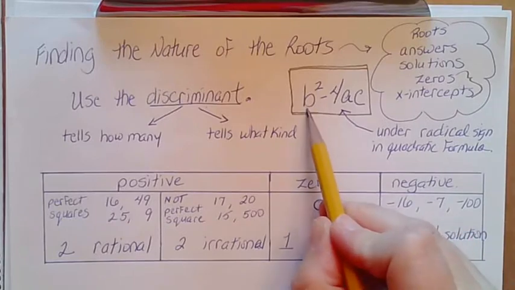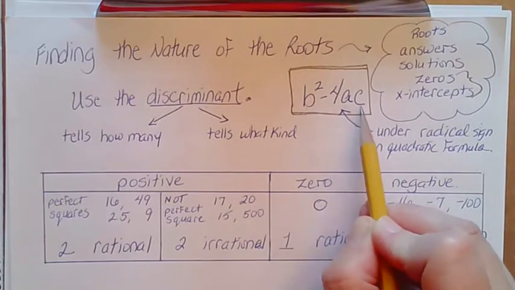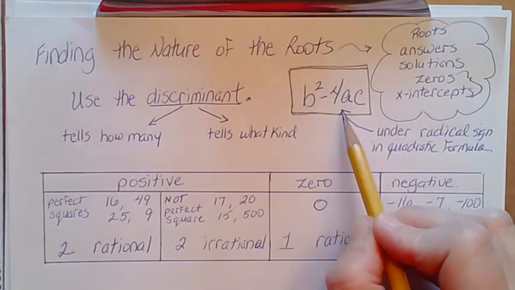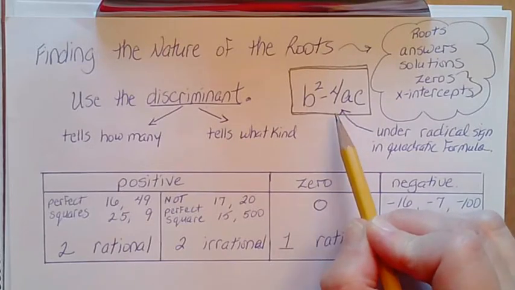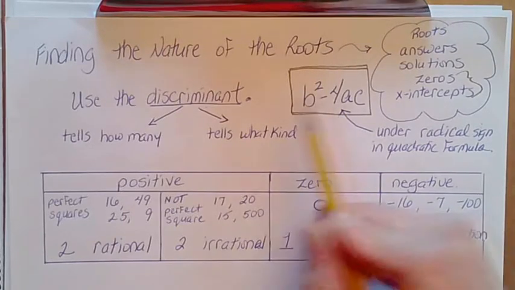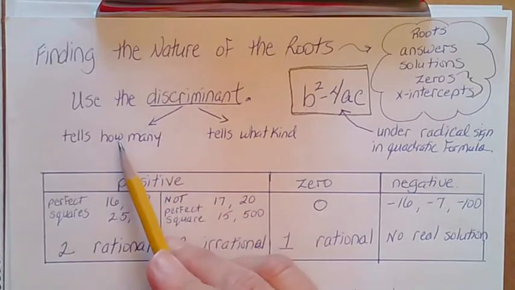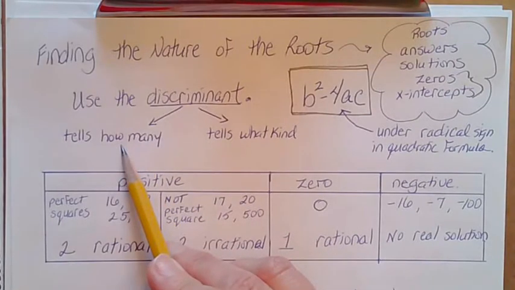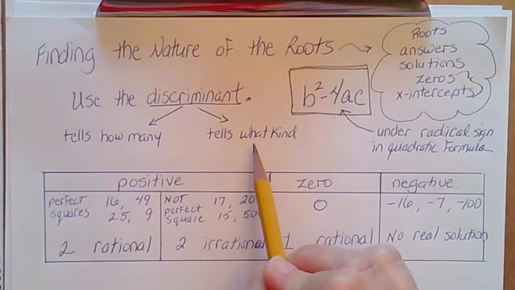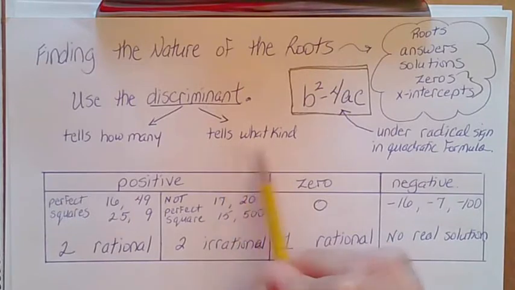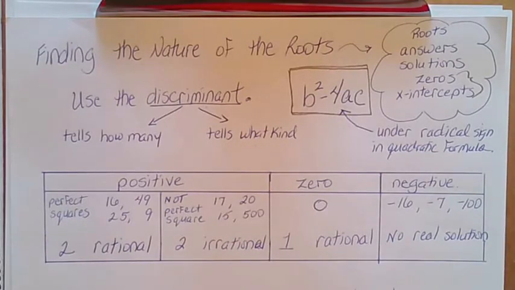When you plug in for b, a, and c and get a number, that number will help you determine two things: how many roots there are and what kind of roots. So basically, what number set do they fall in?